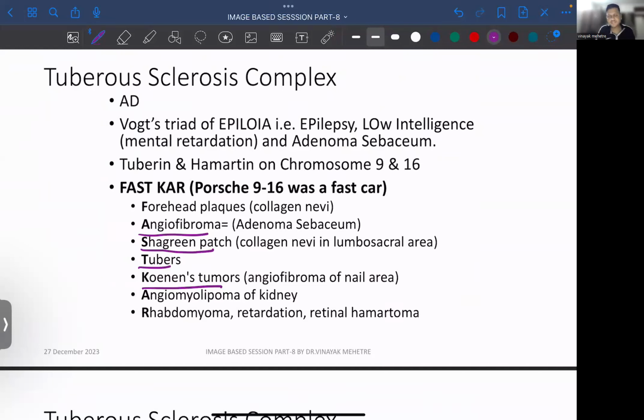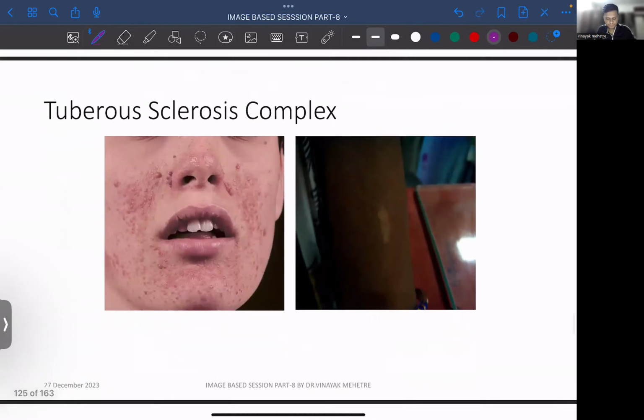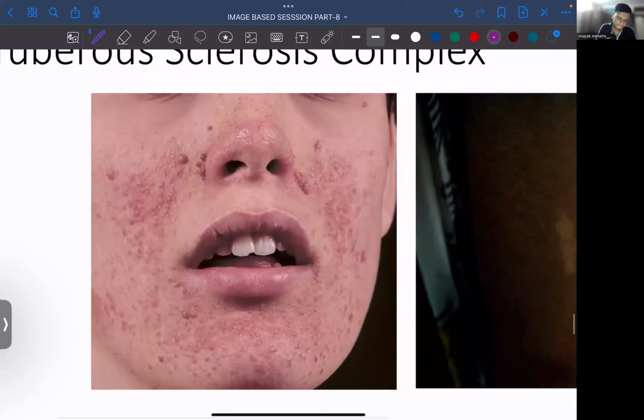Ash leaf macules, angiofibroma, and shagreen patch will be seen in tuberous sclerosis. ऐसा लगेगा किसी ने शॉल ओढ़ी है अपने पूरे बदन पे. That is called as shagreen patch. Will be seen in tuberous sclerosis, right? And angiofibroma. Take a look. The multiple fibromas on the face will be seen in tuberous sclerosis only.